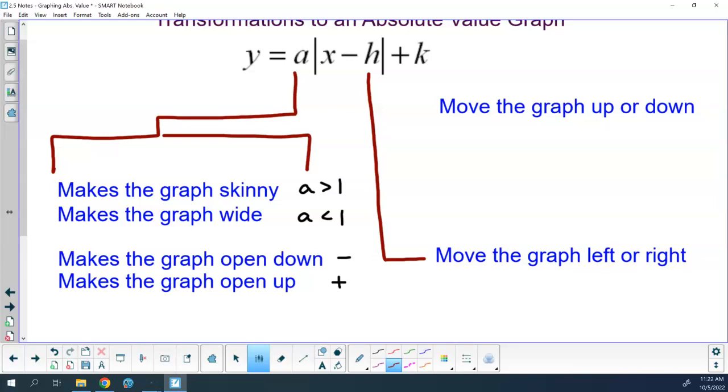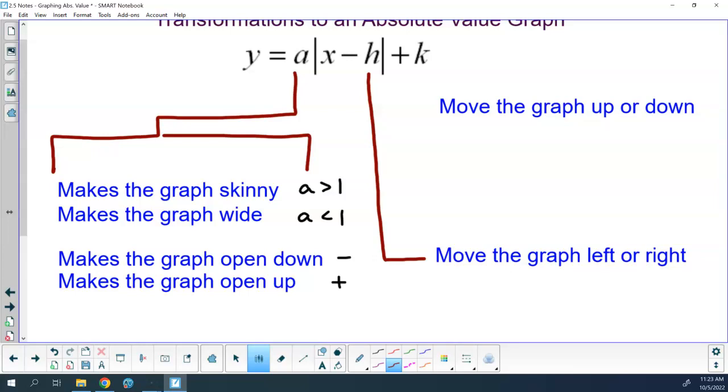H moves our graph left and right. An absolute value, just for your knowledge, is a grouping symbol, like parentheses, brackets, etc. Okay?